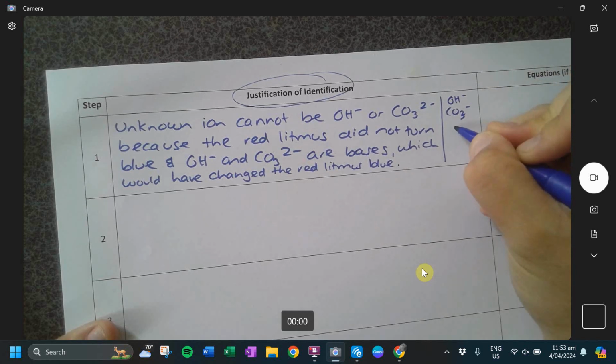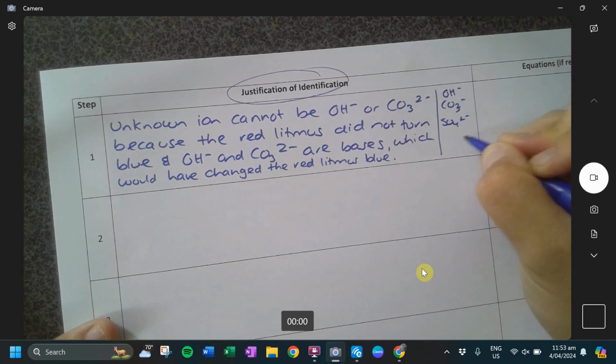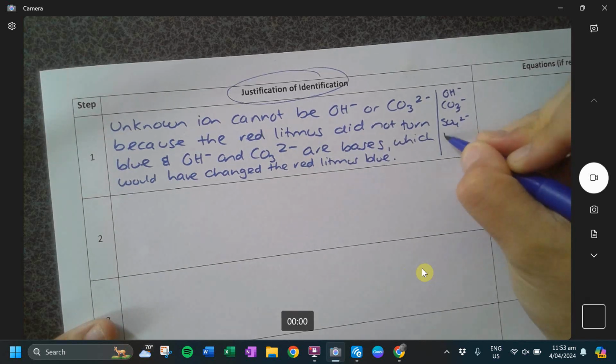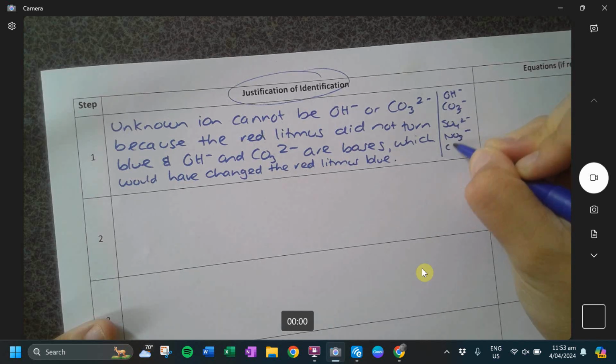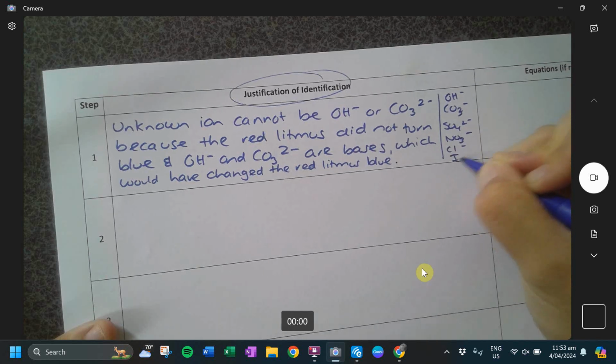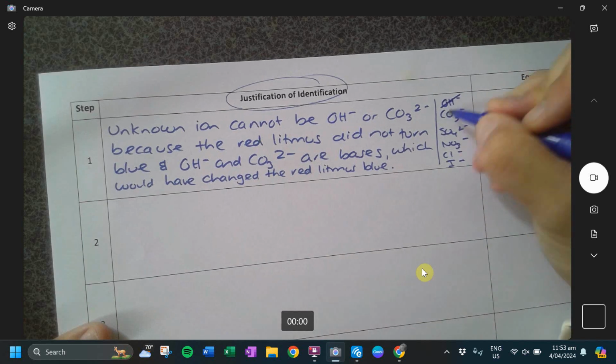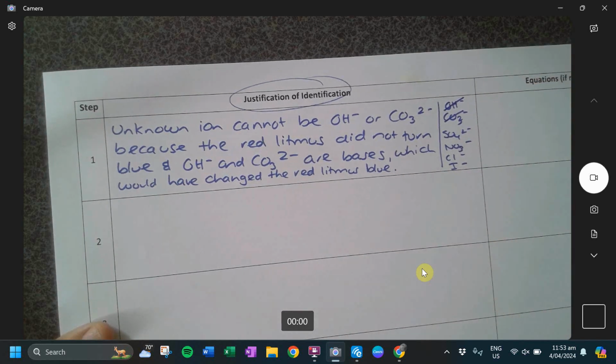What else is there? NO3 minus, was it 2 or 3? 3. Cl. So what I've done in that first step is I've eliminated these two. Those 4 are still left. Does that make sense? All right, keep going?